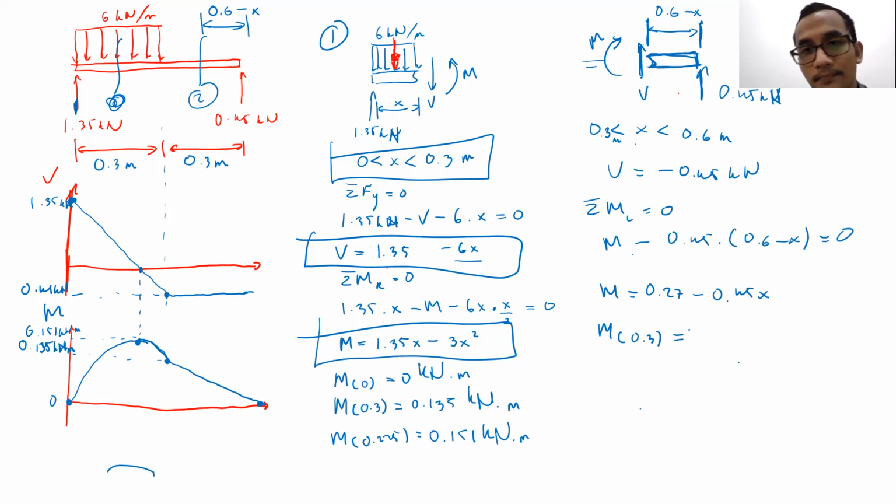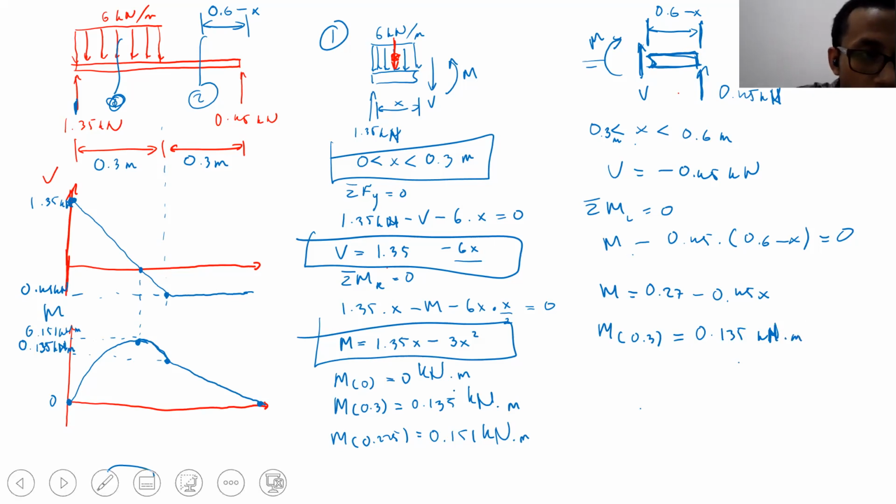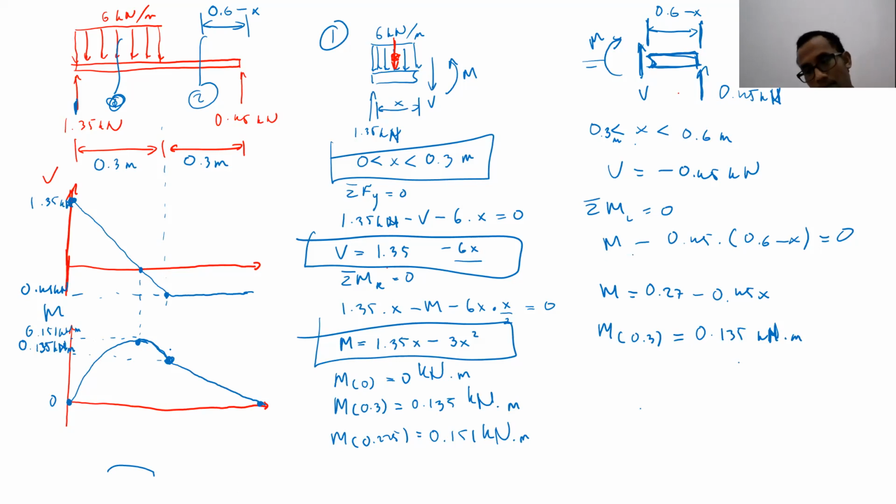At 0.3, it's 0.135 kilonewton meter. Correct. And what is the value of the moment at 0.6 meters? Zero. Correct, right, Hasan? Yes.